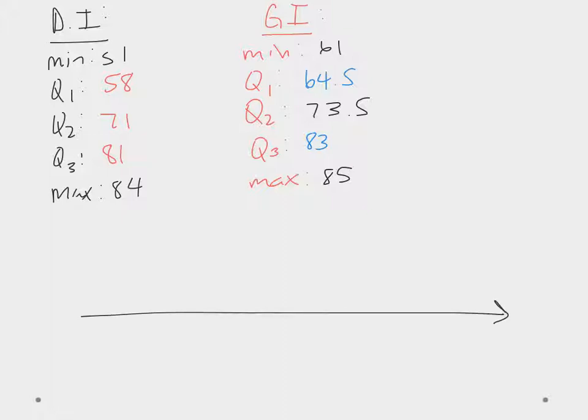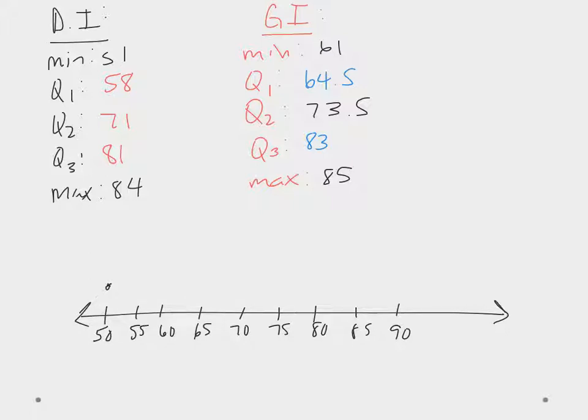I'm noticing that the lowest value is 51, the highest is 85, so I'm going to do 50 to 90 by 5s. All right, so for Dauphin Island, which I'll do in black, the lowest is 51.